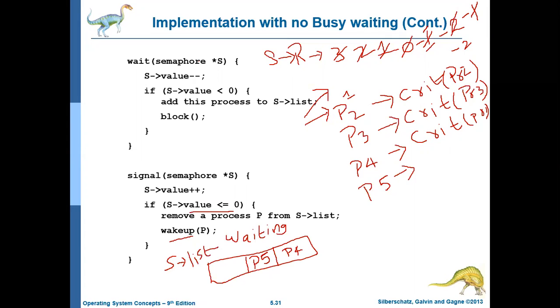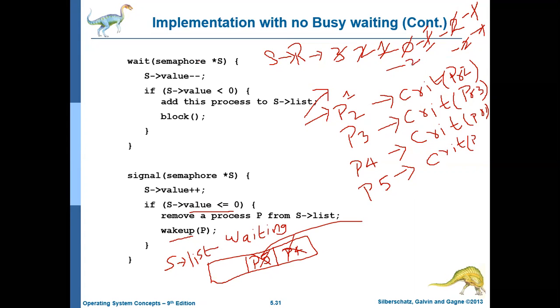Then this -2 will become -1, and again it checks whether the value is less than or equal to 0. P4 has already got the printer, so now P5 will be moved out of the waiting queue to the ready queue, and P5 will get printer 2. But if P5 gets printer 2, this will become -2 again.